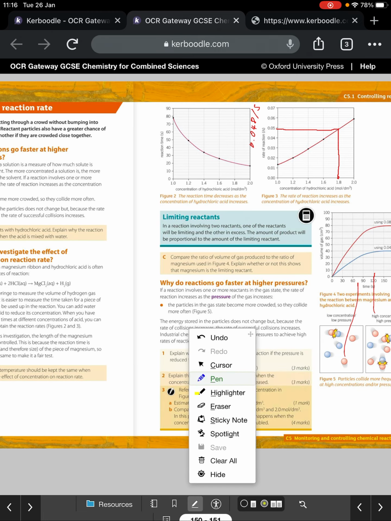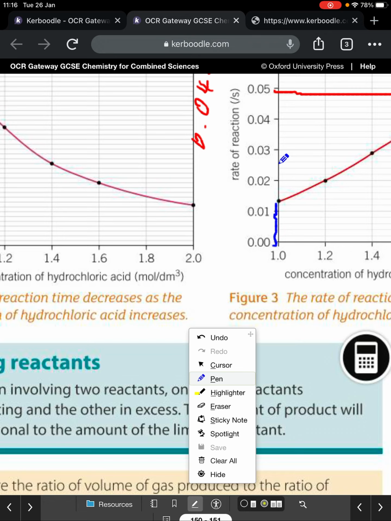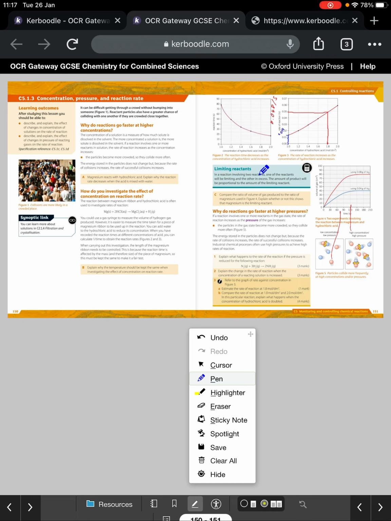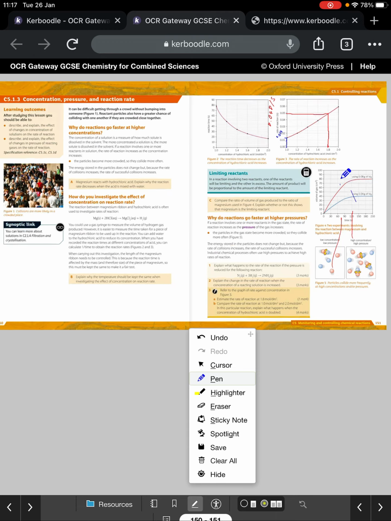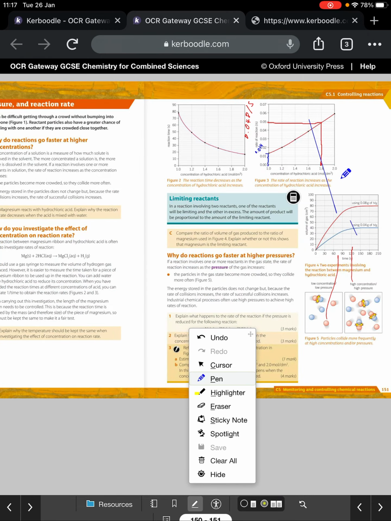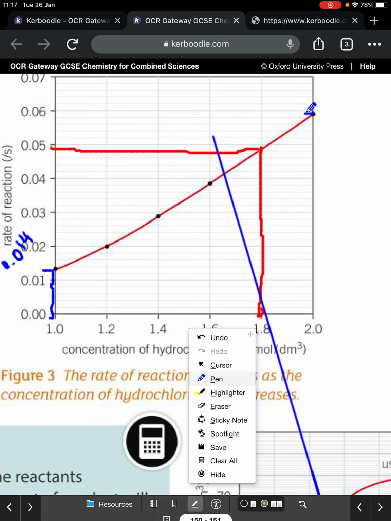So at 1 mole per decimeter cubed, let's zoom in here, what have we got? 0.014, I'm saying, and at 2 moles per decimeter cubed, it's 0.059 really.